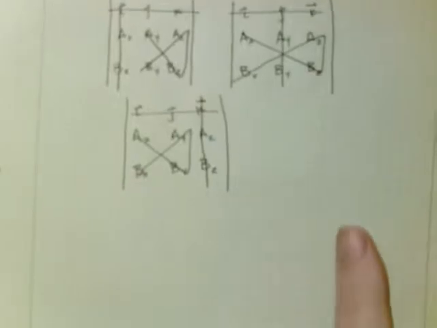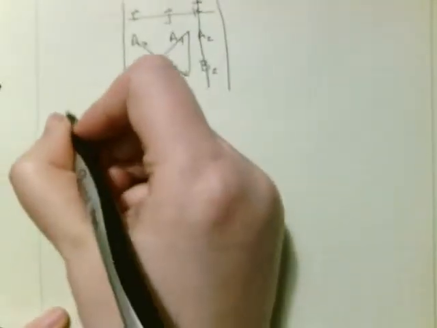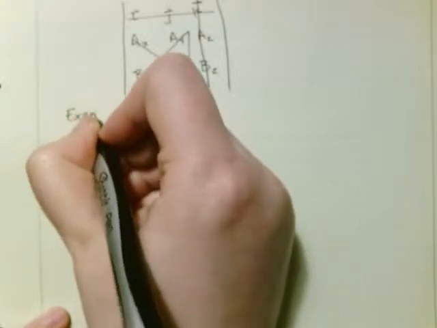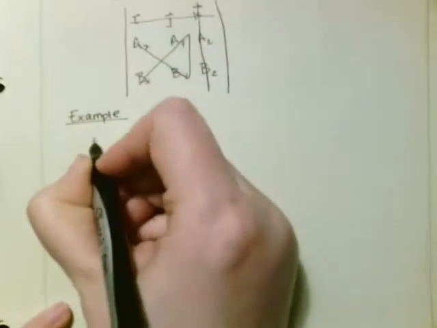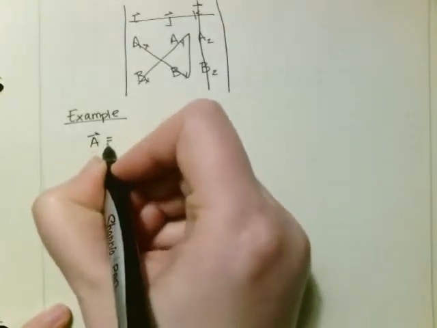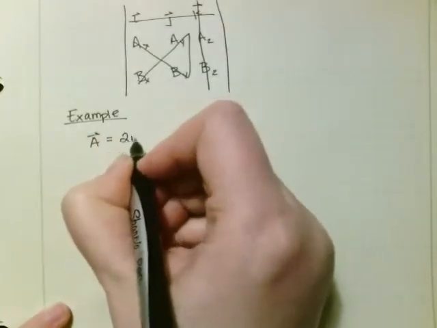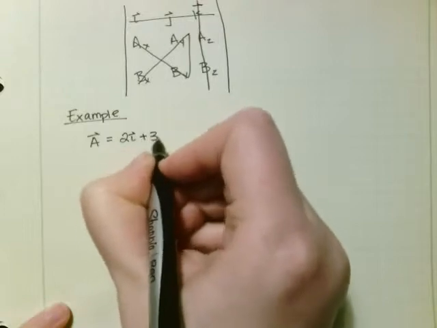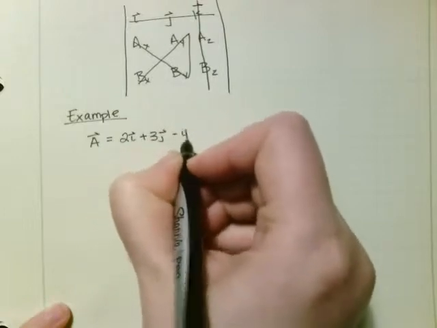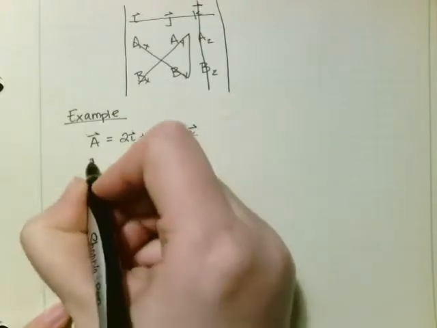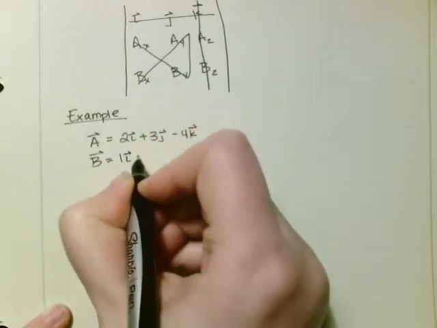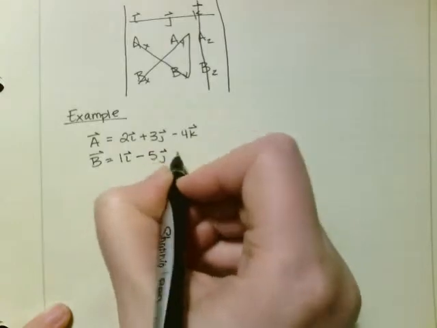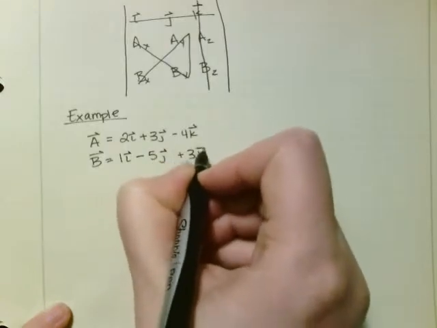So let's do a quick example with numbers. So let's say our A is equal to 2I plus 3J minus 4K. And our B is equal to 1I minus 5J plus 3K.